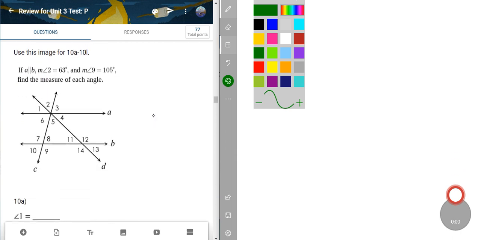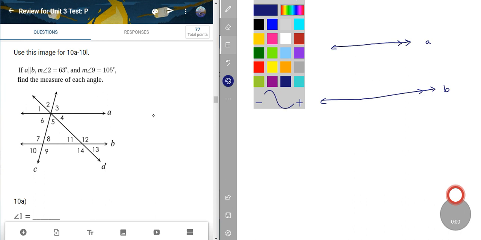All right, same approach here for number 10. Slightly different image though. We've got A and B, which are parallel.